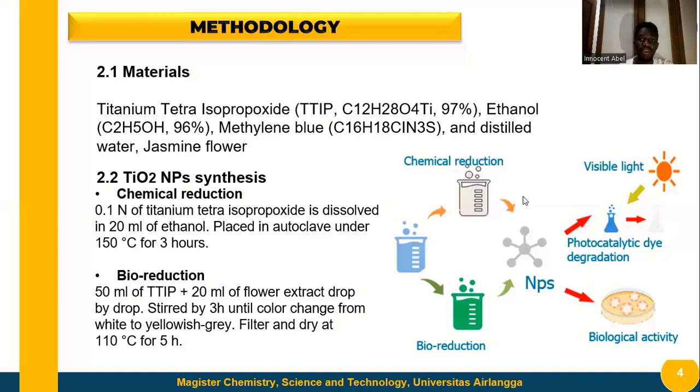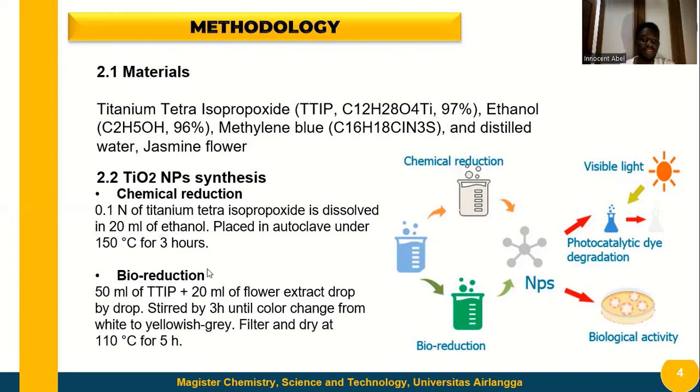For the chemical reduction, 0.1 N of titanium tetraisopropoxide is dissolved in 20 mL of ethanol, which is then placed in an autoclave for 3 hours at 150 degrees Celsius. For the bioreduction part, we have the plant extract, which is our jasmine flower, as well as 50 mL of TTIP.